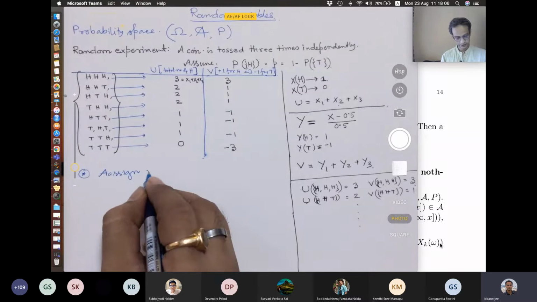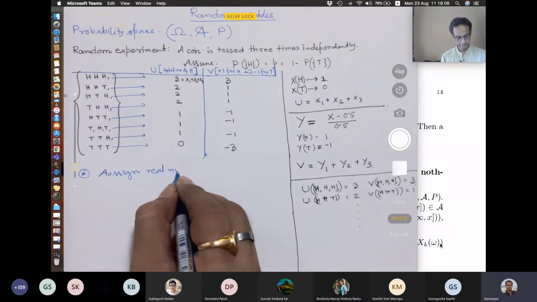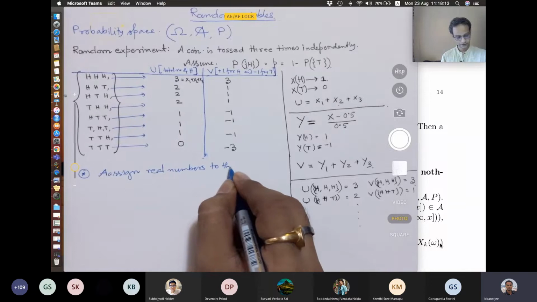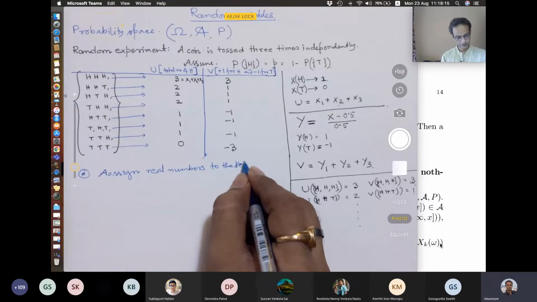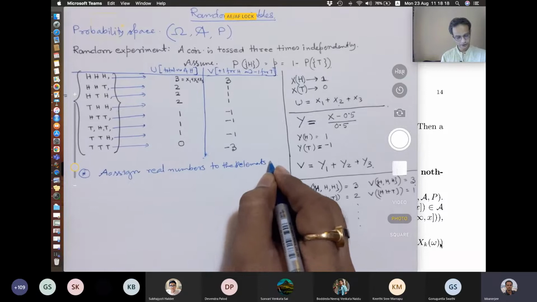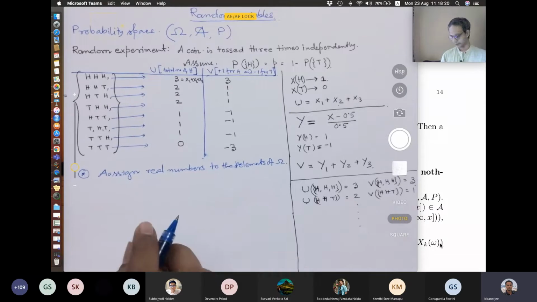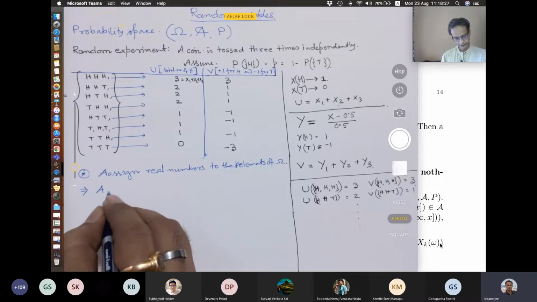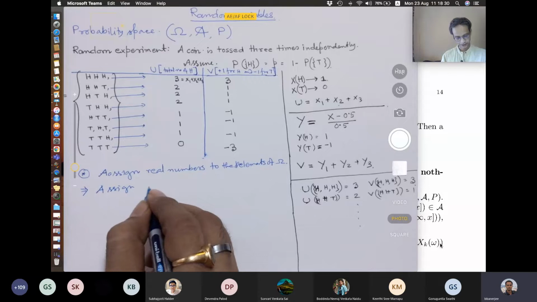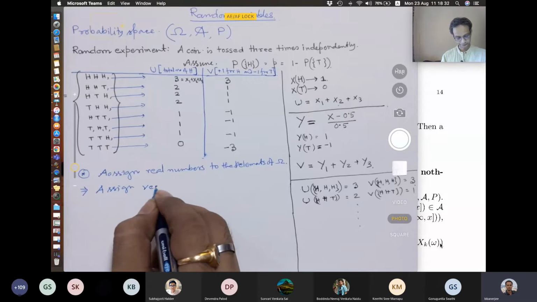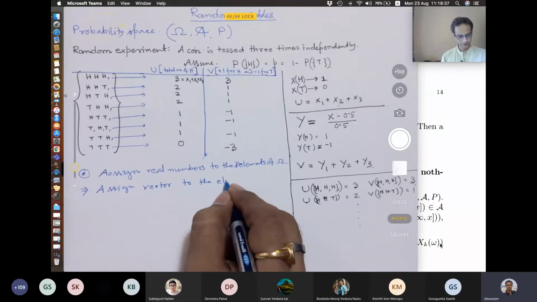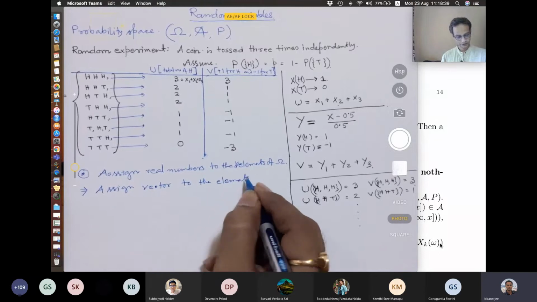So operationally, we assign real numbers to the elements of omega. And as a consequence, that also implies we can assign a vector to the elements of omega.